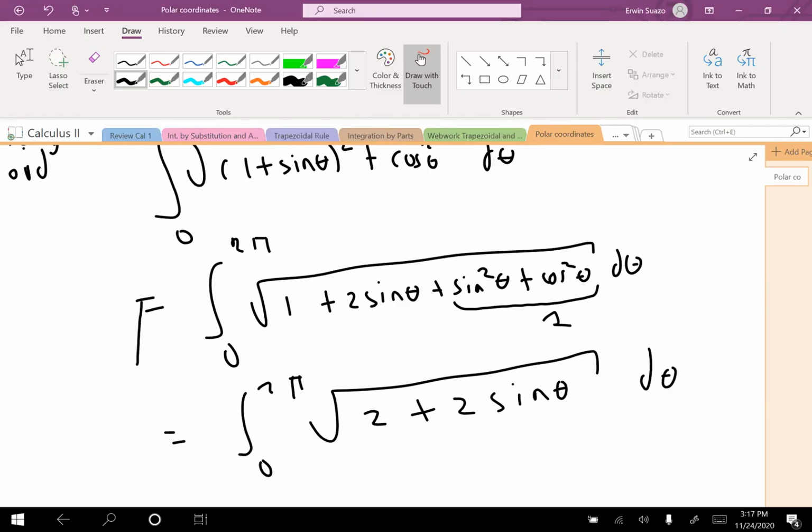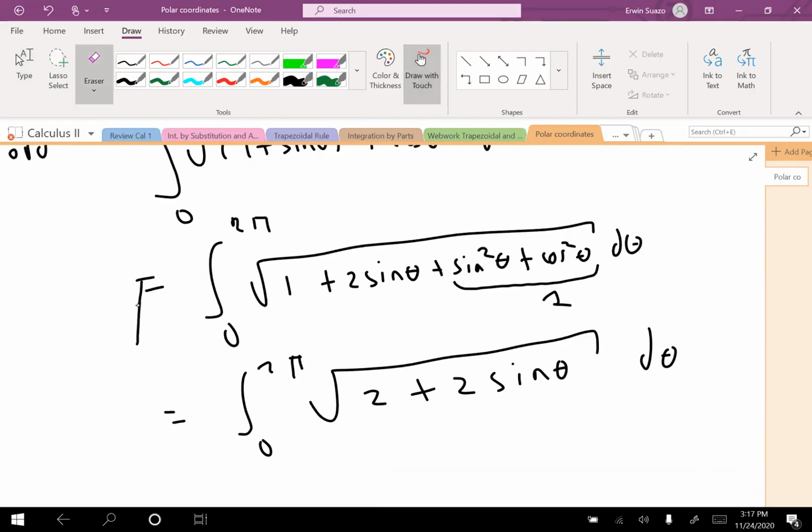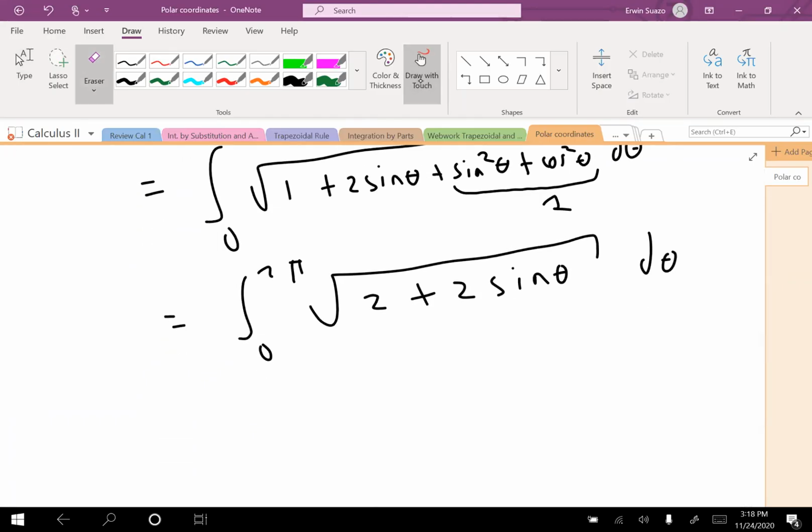Now that you have this integral, we have learned that integrals with the square root are very hard, right? So you could use something like the trapezoidal rule, some approximation of this.